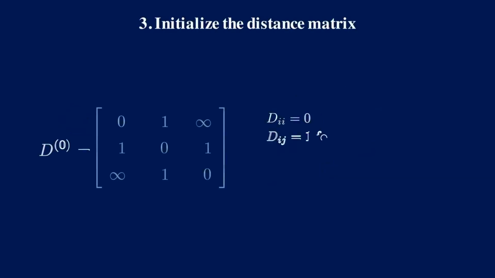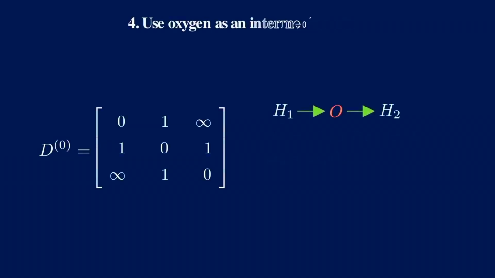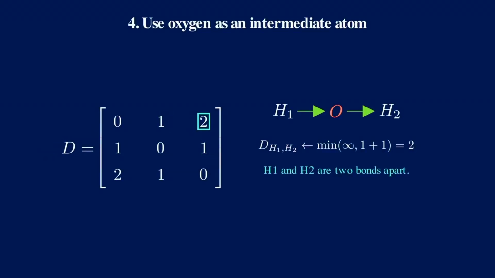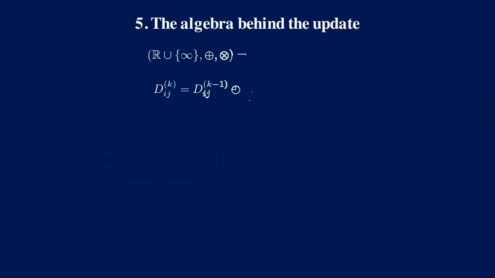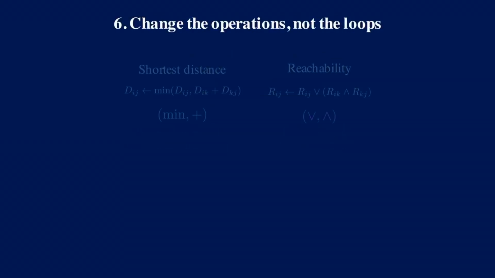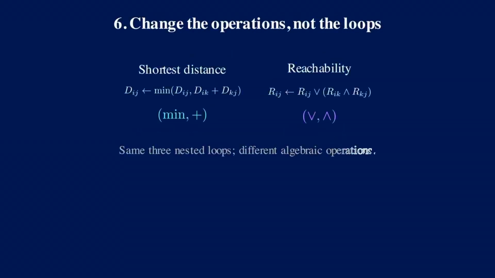After, we initialize the distance matrix for this graph, and then update our distance matrix using oxygen as the intermediate atom. This allows us to go over the actual connection to algebra behind this update. And lastly, how we can express the entire loop as algebra operations.